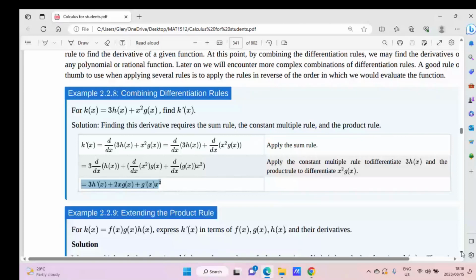Guys, can you please take 5 minutes? I'm generous. 5 minutes to find the derivative. How many minutes do you give them, Lerato? I give them 5 because they will say I'm fast. So 5 minutes to find the derivative of k of x. Busiso is done. Thank you, Busiso.